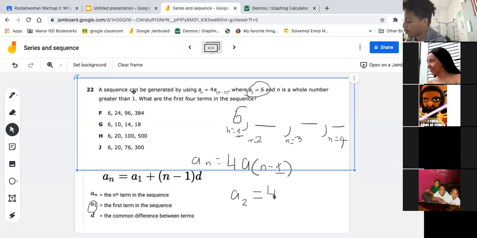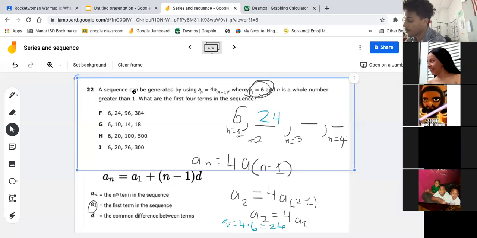So 4a_, we're plugging in 2 again, so 2 minus 1. Well, 2 minus 1 is just 1. So a_2, the second term of the sequence, is 4 times a_1. And what is a_1? They told us a_1 is 6. So a_2 is just 4 times 6, which is 24. So our second term is 24.